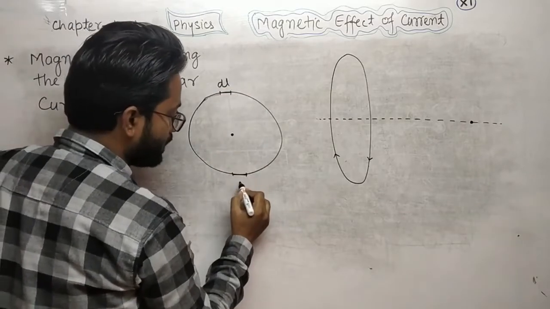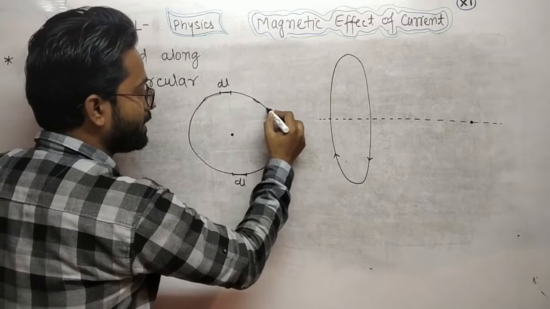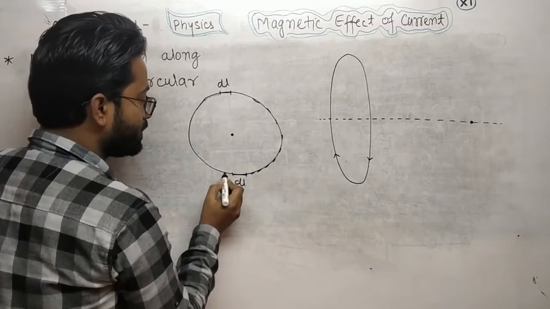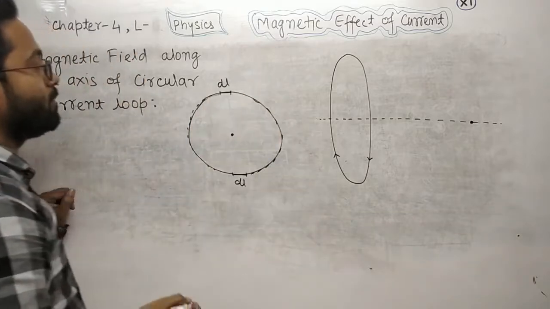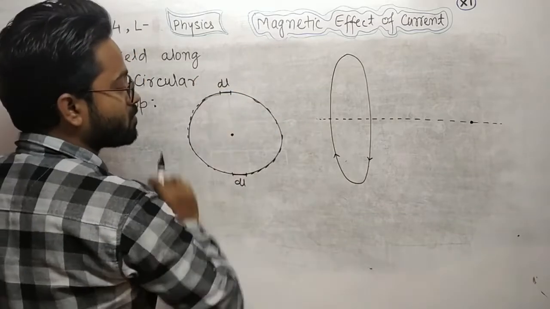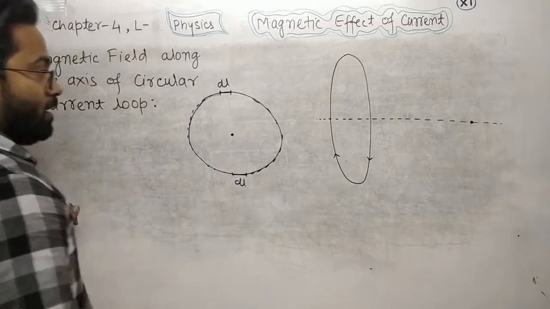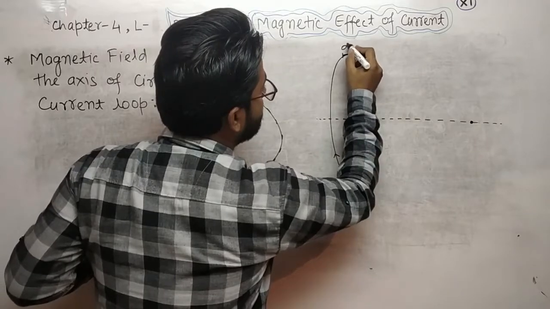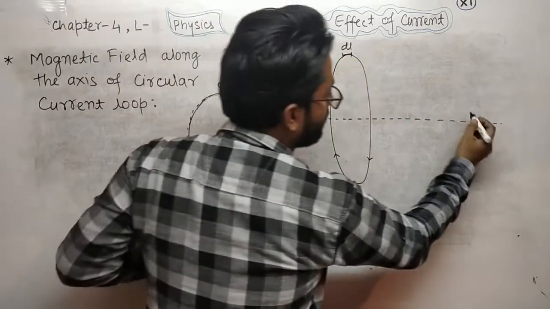This is also dl, this is also dl, which means we consider that this circular loop is made up of small dl elements. Let us suppose this is the dl part.